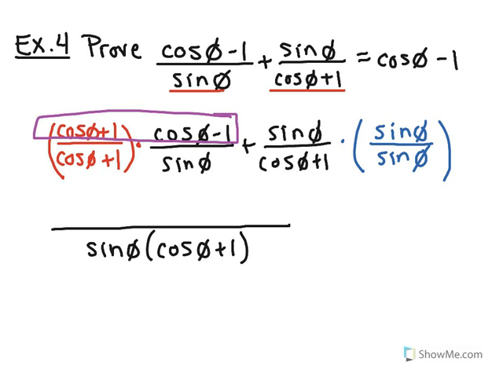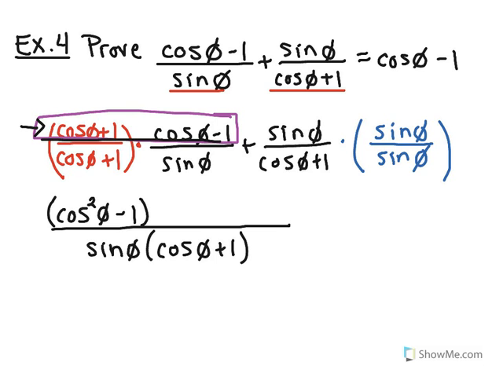So if I were to multiply this out just by using my simple FOILing methods, I would come up with the cosine squared phi minus 1. Now, if you're not sure about how I got this, I want you to take this in your mind and think about how you would break it down as a difference of perfect squares. And you should be getting this expression here. Okay, this entire thing right up here.